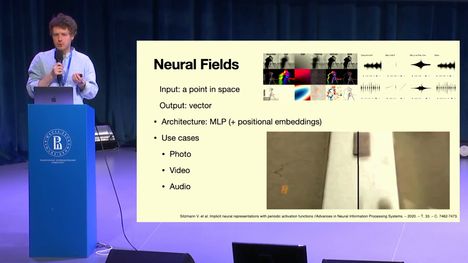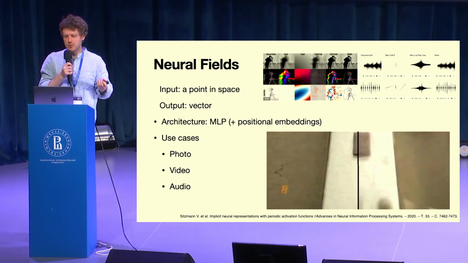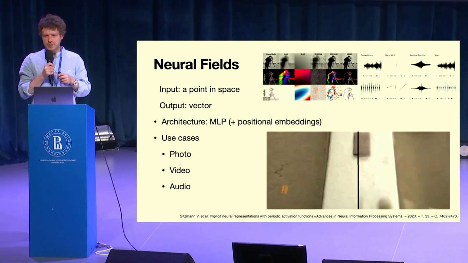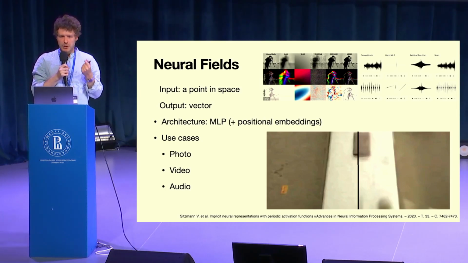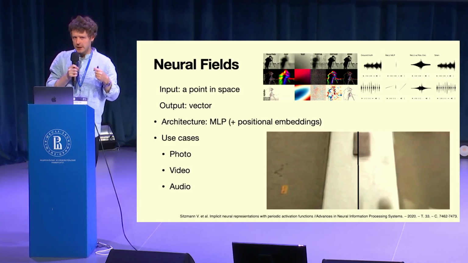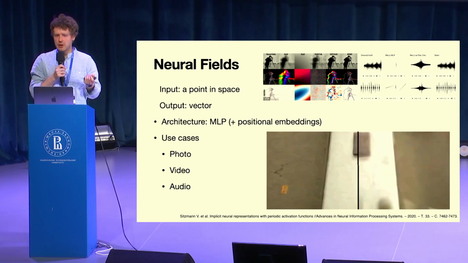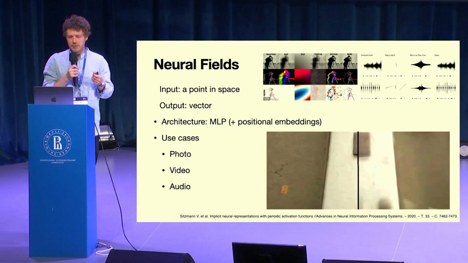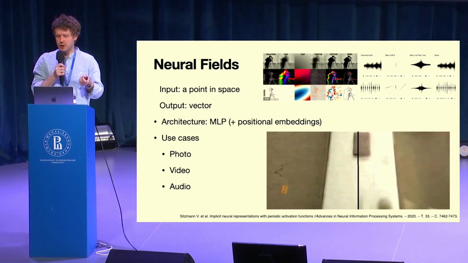So, for example, if you want to represent an image, usually you store values of colors for each location. But instead of doing this, some researchers proposed to do the following. Let's train a neural network that will have low-dimensional input, namely a point in space, and it will also have a low-dimensional output. For example, the color of an image or like some scalar value. And let's train a network to approximate the data that we have.